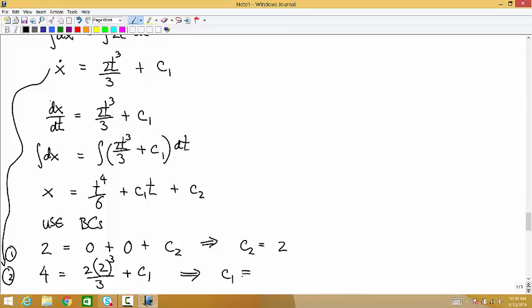Solve for C1 and you get negative 1.333. And so x of t, if you plug both of those back in, is equal to, sorry, t to the 4th over 6 minus 1.333 t plus 2.